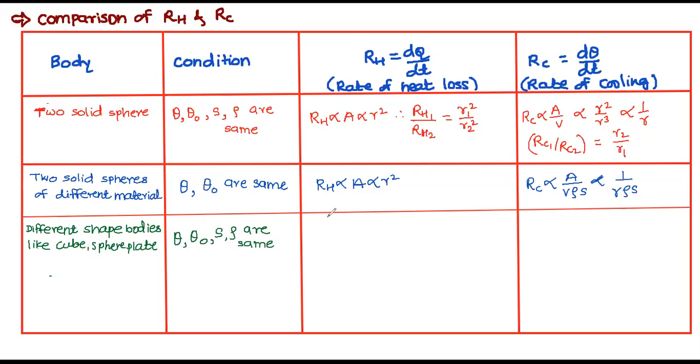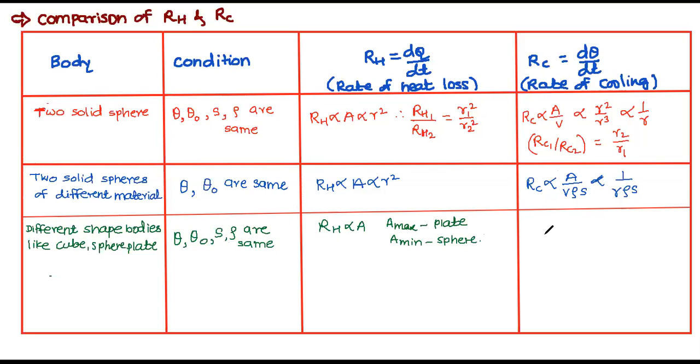Then RH is directly proportional to area, and keep in mind that area is maximum for the plate and minimum for the sphere.